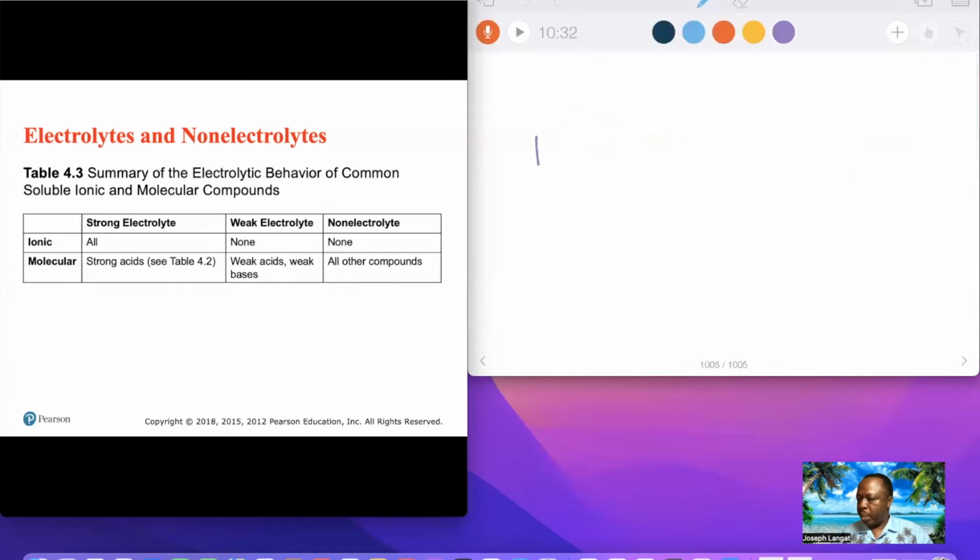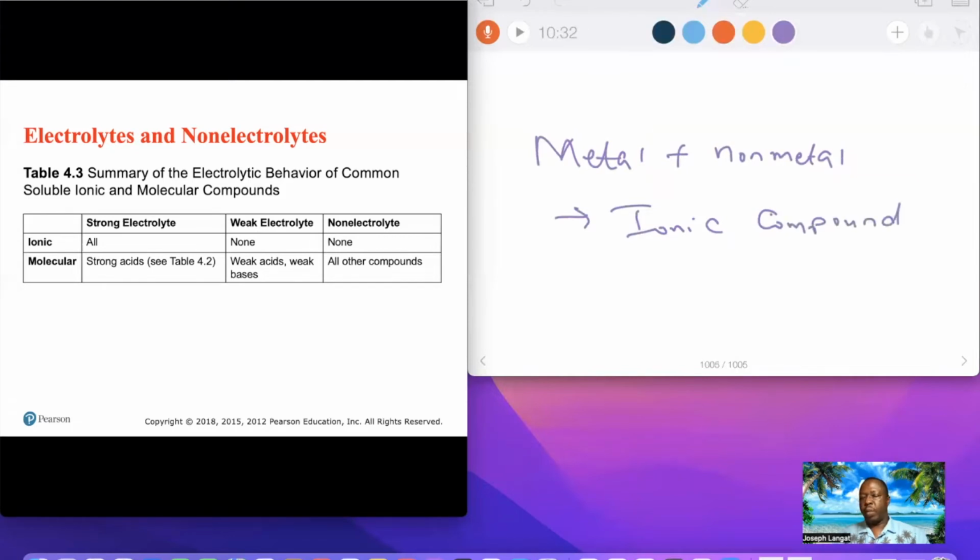A metal plus a non-metal gives an ionic compound, and this is a strong electrolyte.